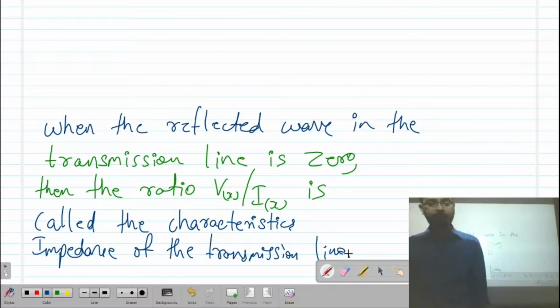So this is all about the characteristic impedance of a transmission line.